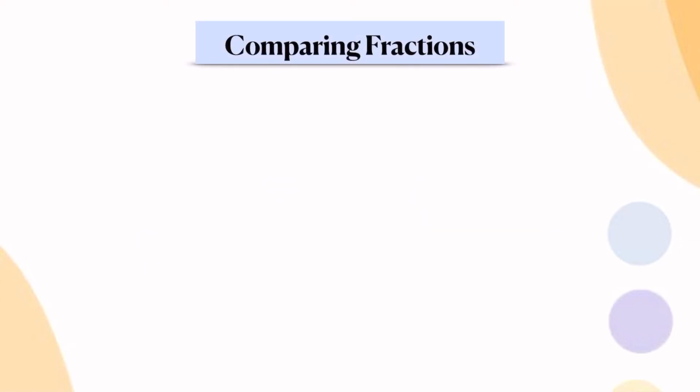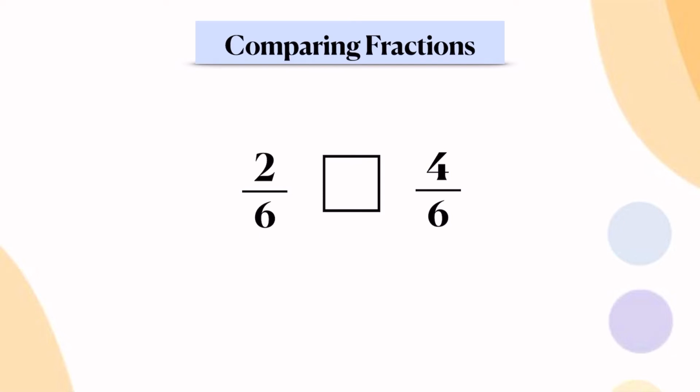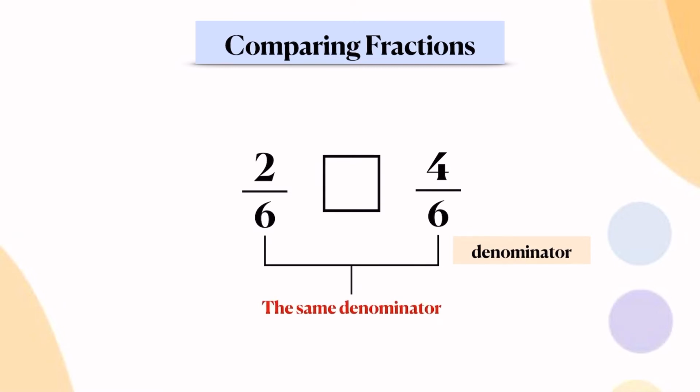Now, comparing fractions. I'll tell you how to compare two fractions. As you can see, we have 2 over 6 and 4 over 6. So the rule is you need to look at the denominator first and see if they have the same denominator. It's very easy. You don't need to do anything about it.